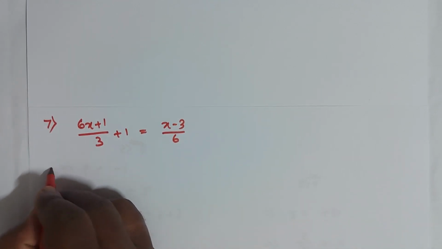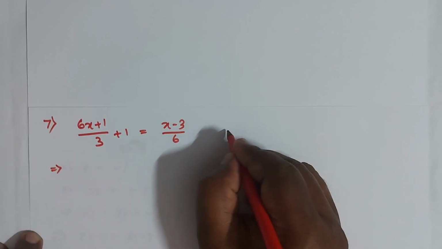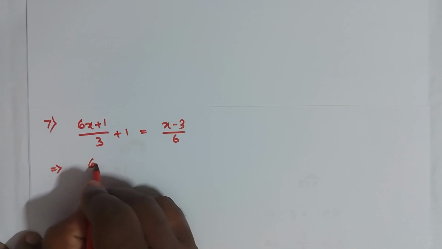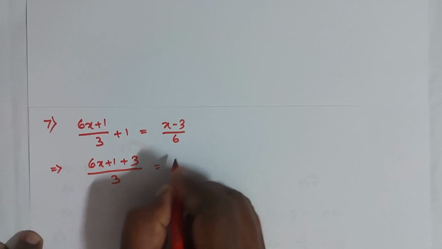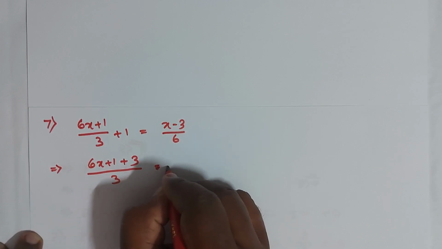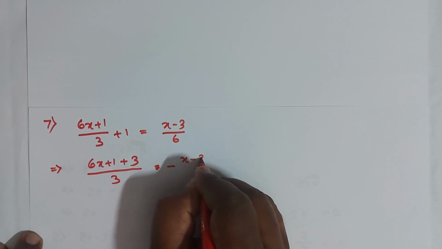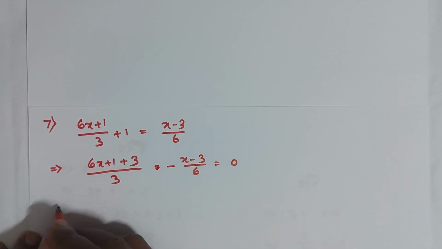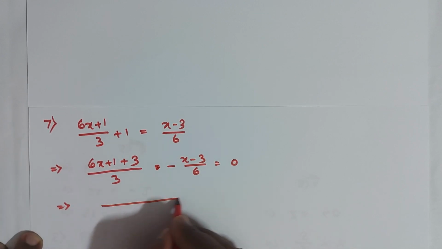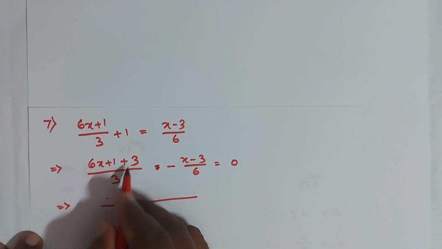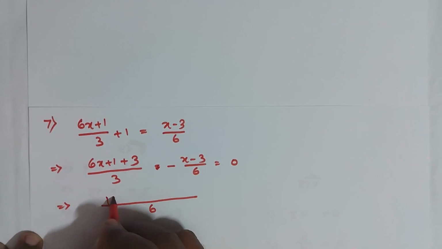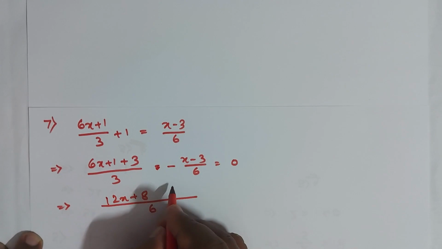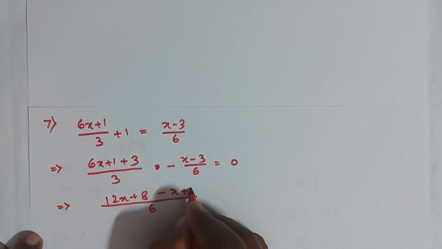So what we will do, let's do the addition. 6x plus 1 plus 3 by 3, minus x minus 3 by 6 equals 0, or this is 6. So 6x plus 4, 3 divided by 6 is 2, so 2 into 6x is 12x, plus 2 into 4 is 8, minus x plus 3.